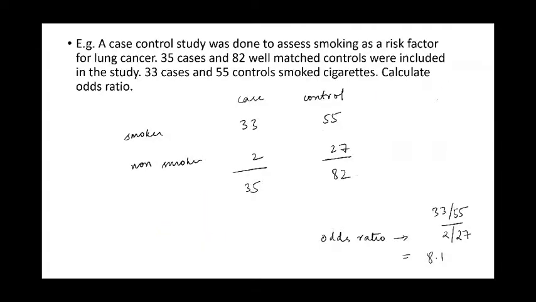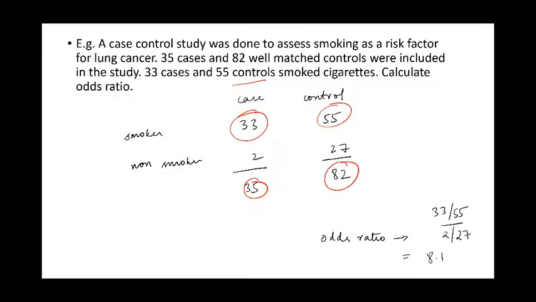Now we come to an example. A case control study was done to assess smoking as a risk factor for lung cancer. So 35 cases were there and 82 well-matched controls were included. So the total number of cases is 35. Total number of controls were 82, in which 33 cases and 55 controls smoked cigarettes. So this is 33, this is 55.